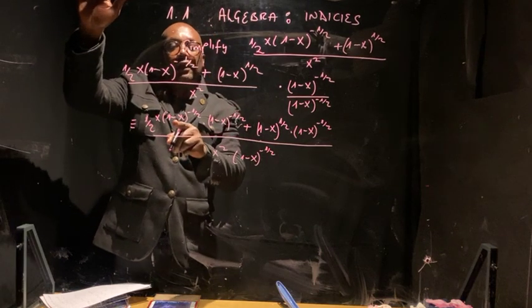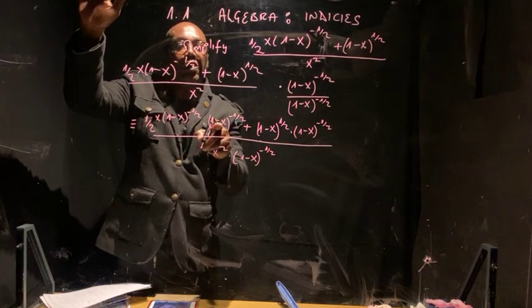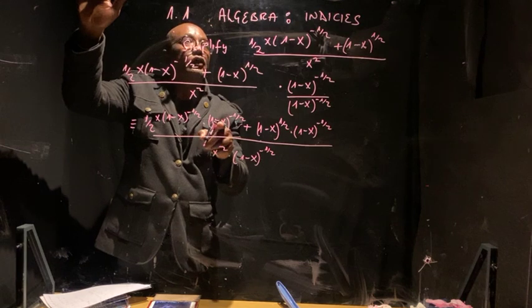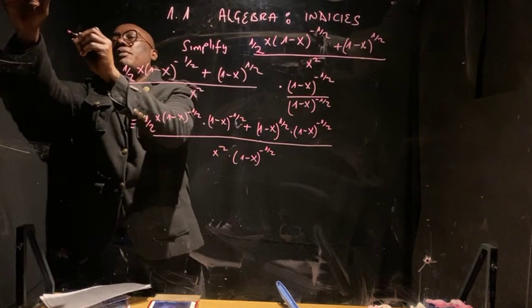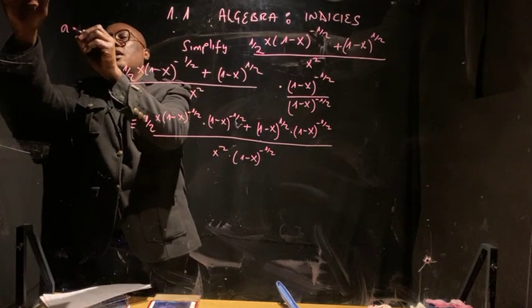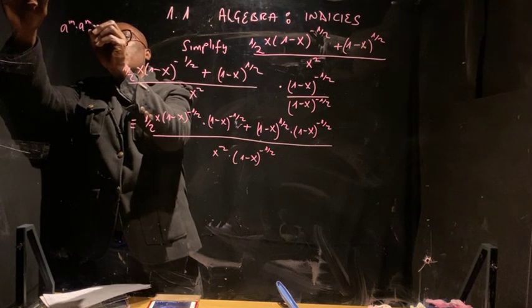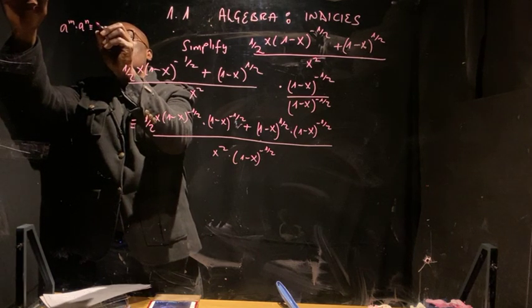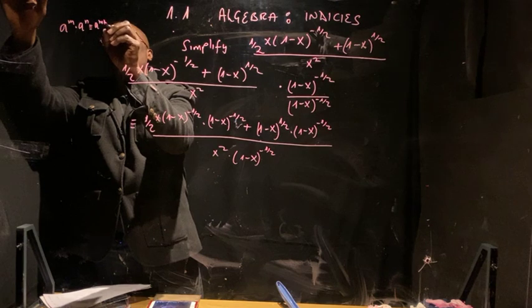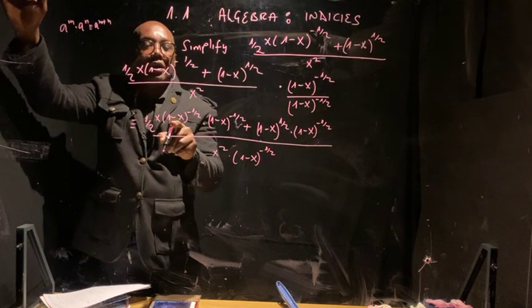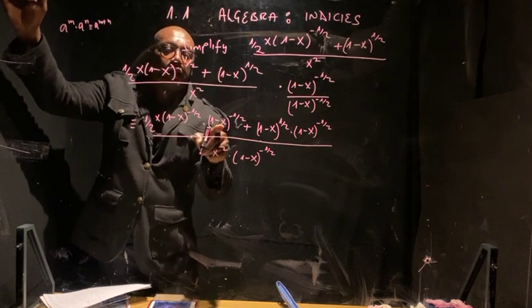So you can see that this one and this one, they're identical. You remember law 1 says that a raised to the power m multiplies to a raised to the power n is equal to a raised to the power m plus n. So this one and this one are identical.